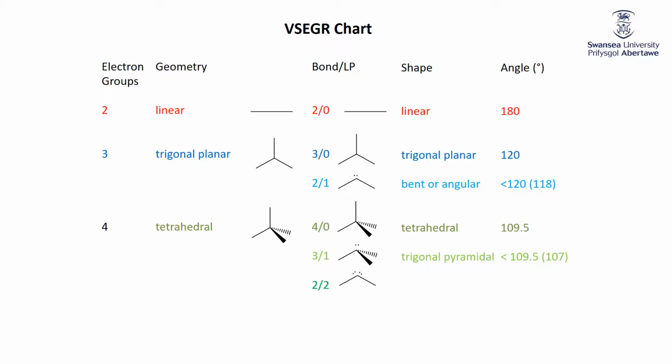And then the other example, water, 2 groups of electrons, 2 lone pairs, bent angular structure, and the angle in this is definitely going to be less than 109.5 because now we've got 2 lone pairs pushing these things away from the lone pairs, thus pushing the bonding groups together. So the actual angle is about 104.5 in water.